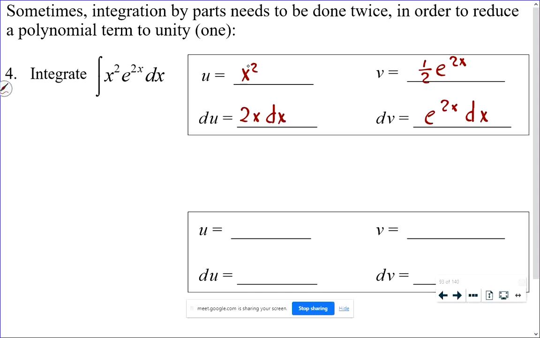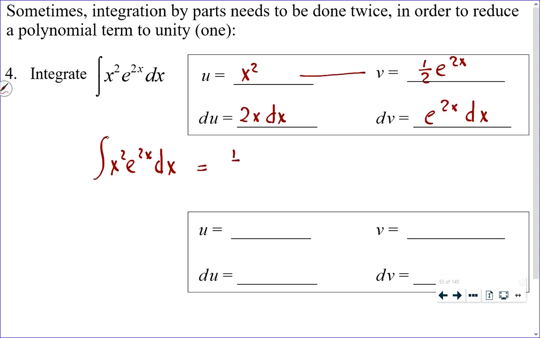So now we can write out what this is equal to. This is the integral of x squared e to the 2x dx is equal to the product of these. We're okay with that? Minus the integral of the product of these.